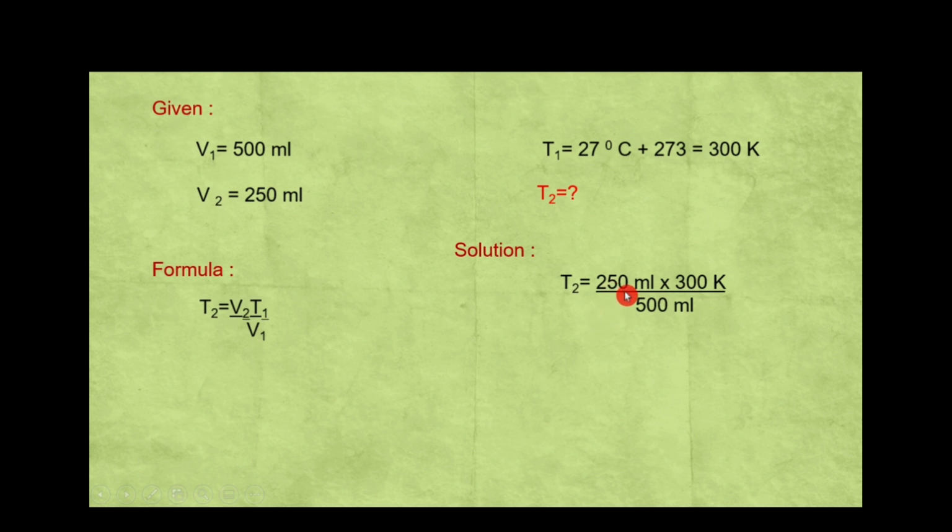The final volume is 250 ml, initial temperature is 300 Kelvin, initial volume 500 ml. So still you need to cancel the same unit. In this case we have ml. So 250 times 300 divided by 500, the final answer is 150 Kelvin.